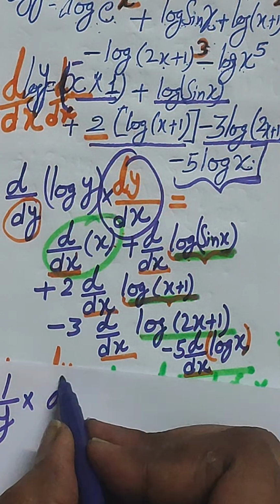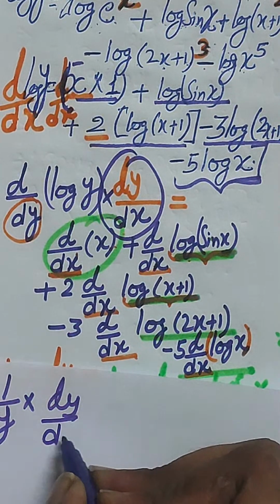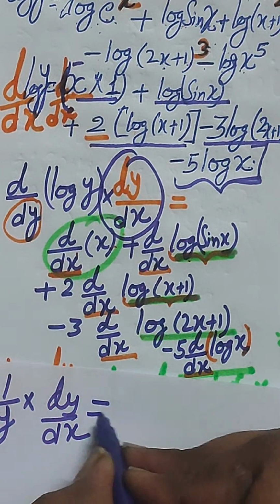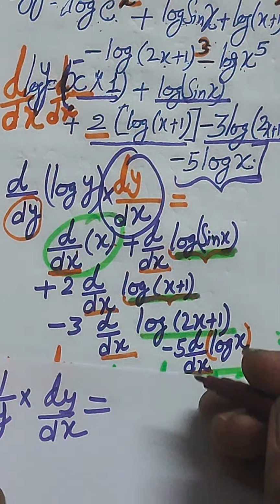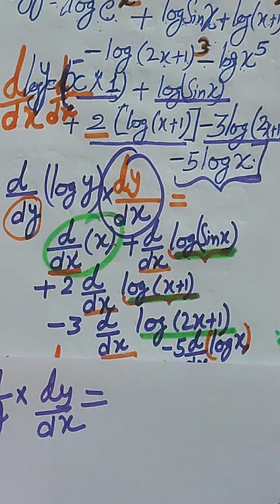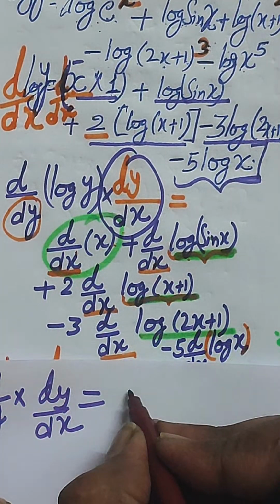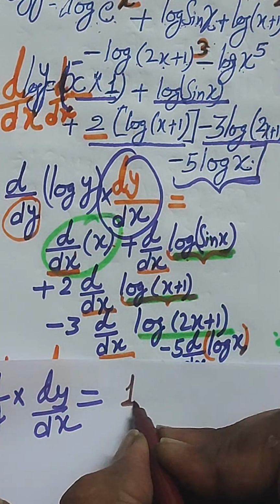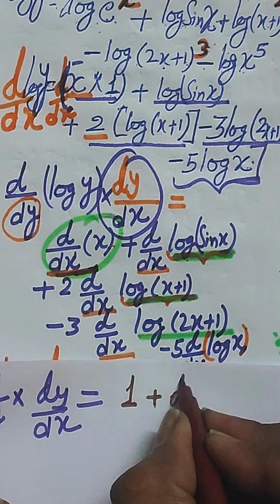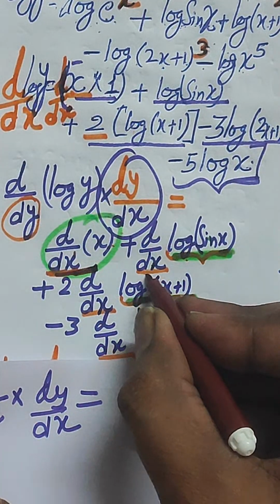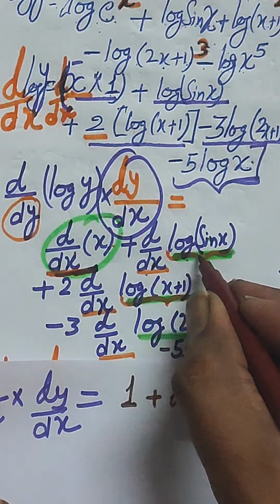So just write it, dy by dx. This is equal to, into the RHS, we have d by dx of x. So d by dx of x is nothing but 1 for this one, plus d by dx, differentiation with respect to x for log of sine x.